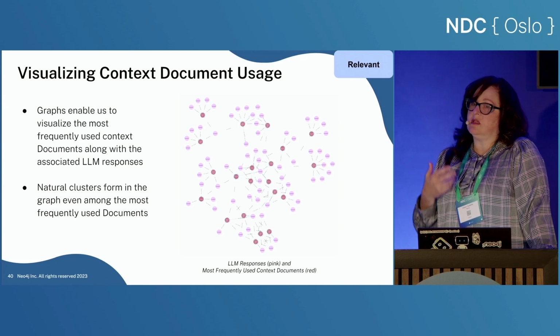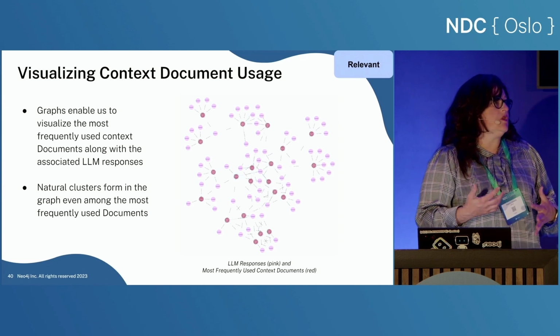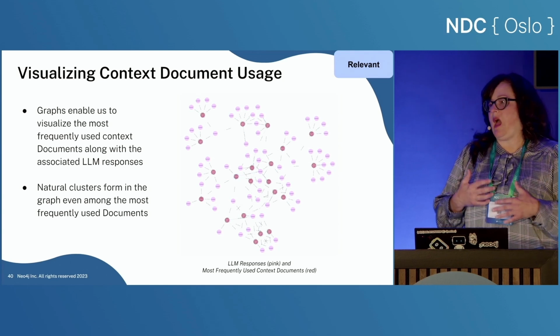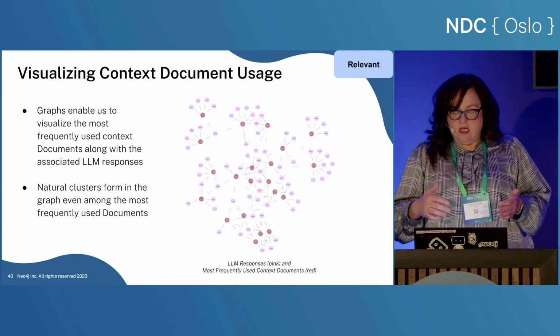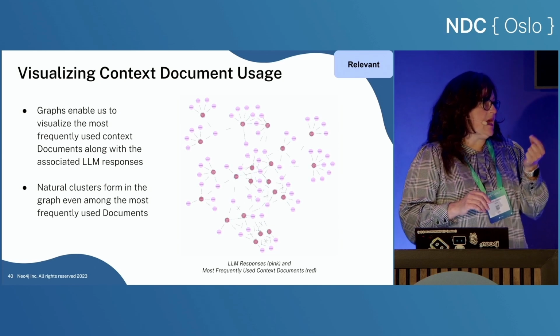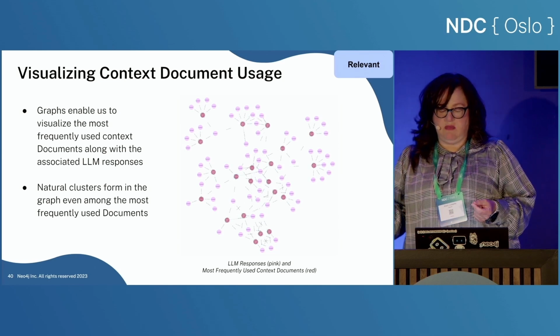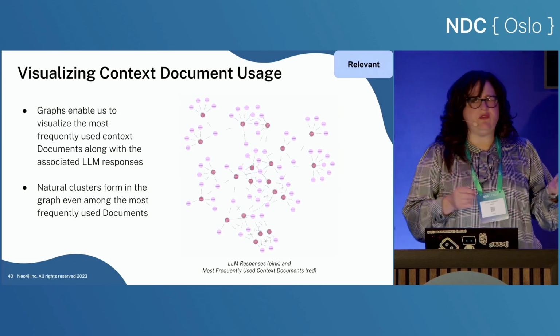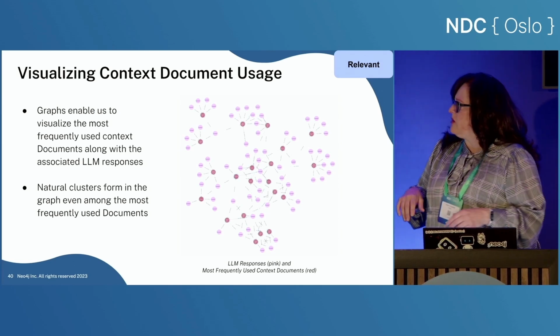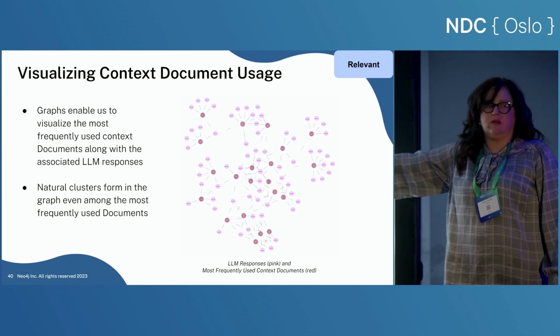And so by logging these conversations, you can now start to look at the structure of the graph to understand how people are moving around. In this case, the dark red is the actual response, and the light pink are the context documents that came in. And we can see that there are a few questions on the outer edges, right? These are the satellite pieces.